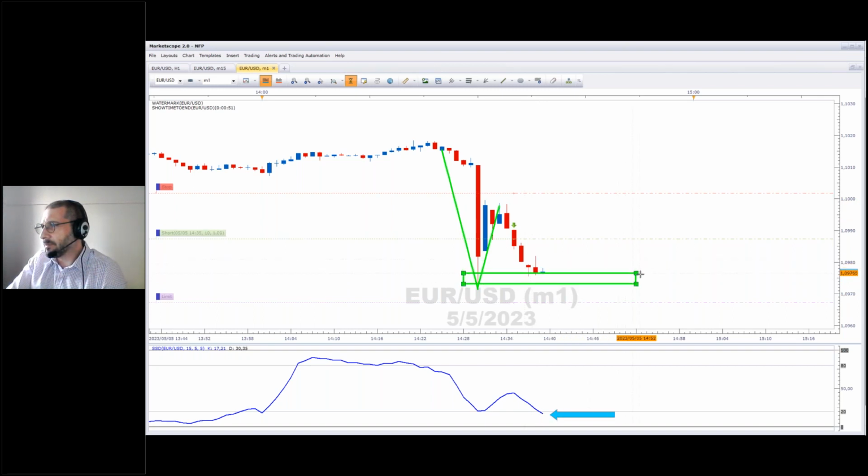I'm going to just move the support to there. Okay, there the sellers attacking the support. Still battling to break down.